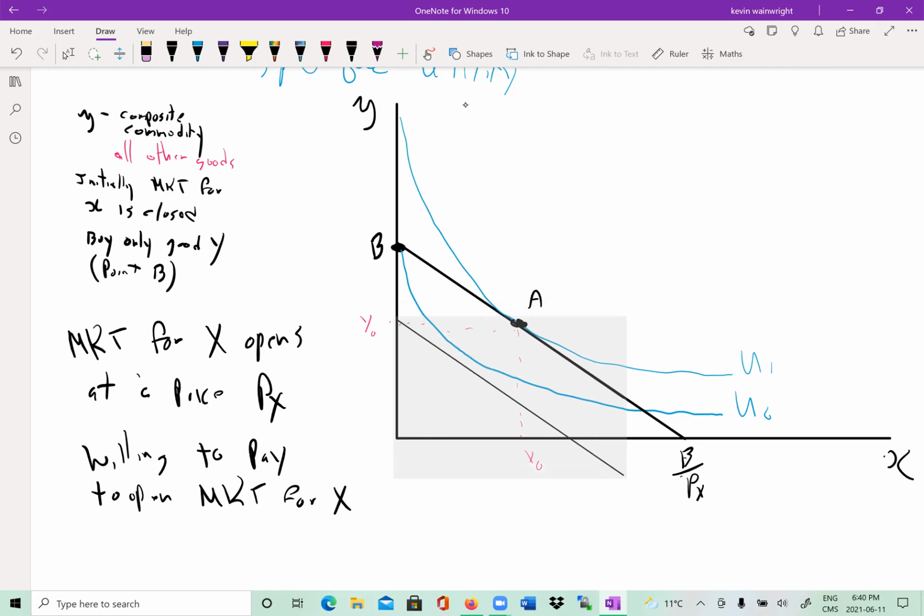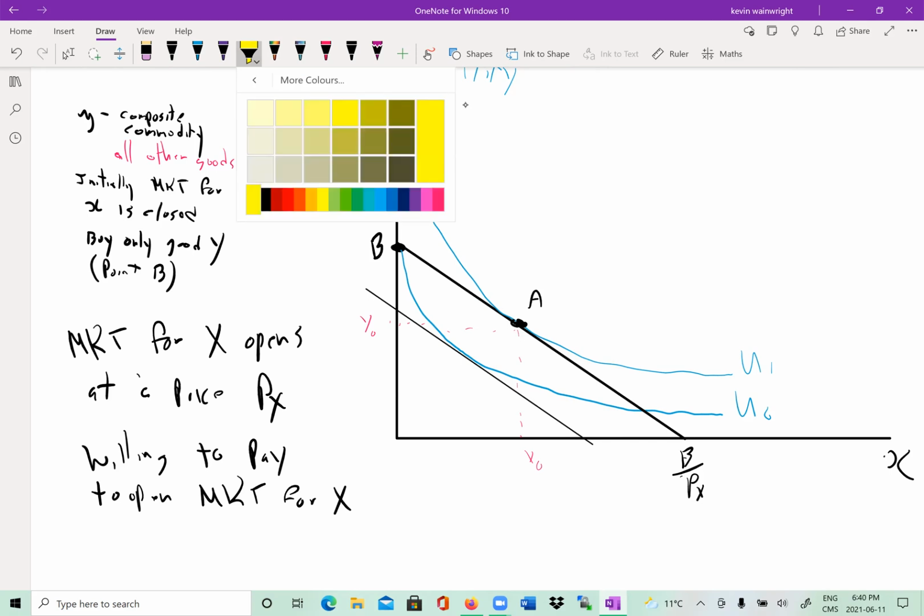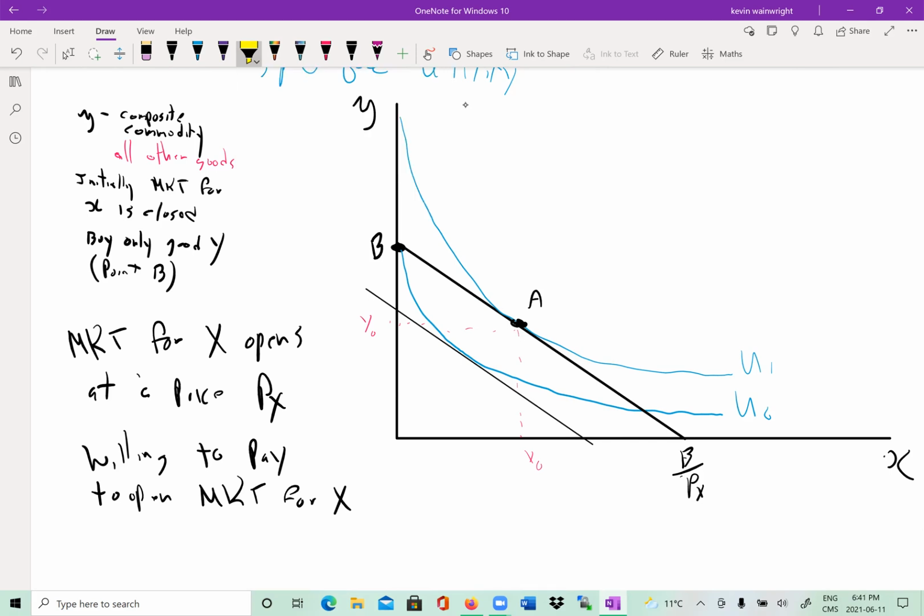The most I'm willing to pay is where I'm indifferent between the market being open and closed. Okay, so if I give up budget, I would move, we'll call that point Z, and I would move to X1.